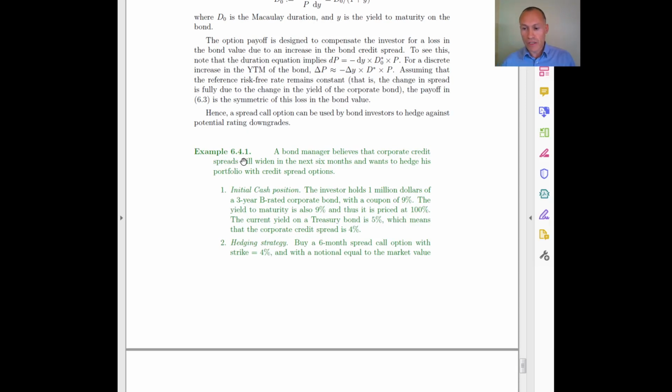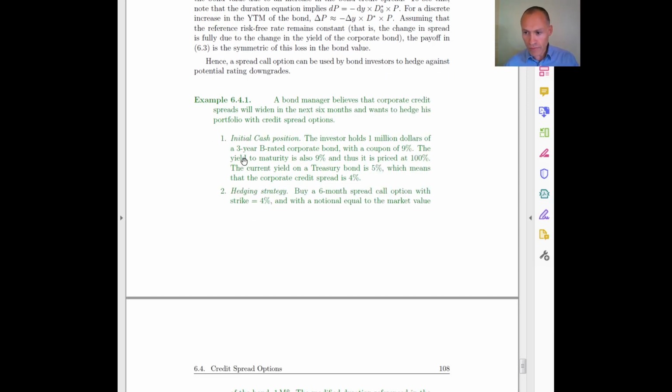Okay. So here's an example. So suppose you have a bond manager that believes that corporate credit spreads will widen in the next 6 months. So the prices of the bonds will drop, and therefore the spreads will increase. So he wants to hedge his portfolio with credit spread options. So let's say that the initial position is this $1 million of this particular bond, a 3-year B-rated corporate bond with a coupon of 9%.